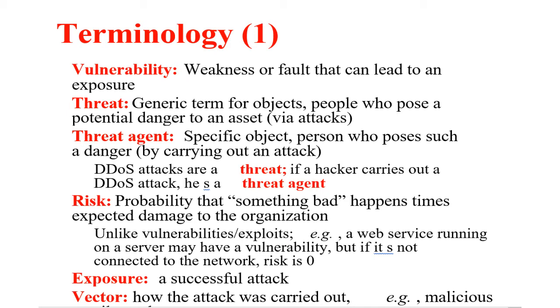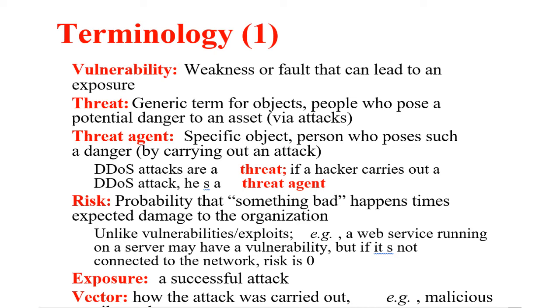We also need to know what is a risk. A risk is the probability that something bad might happen and there is some form of expected damage to the organization.